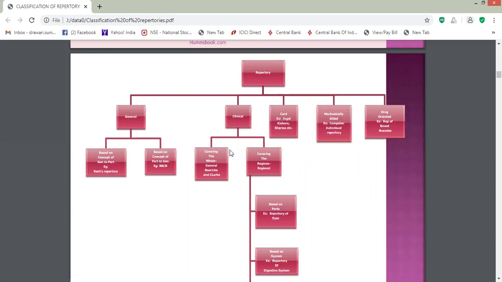Then clinical repertories. Clinical repertories are again classified into two main groups: covering the whole, and covering a region or part.